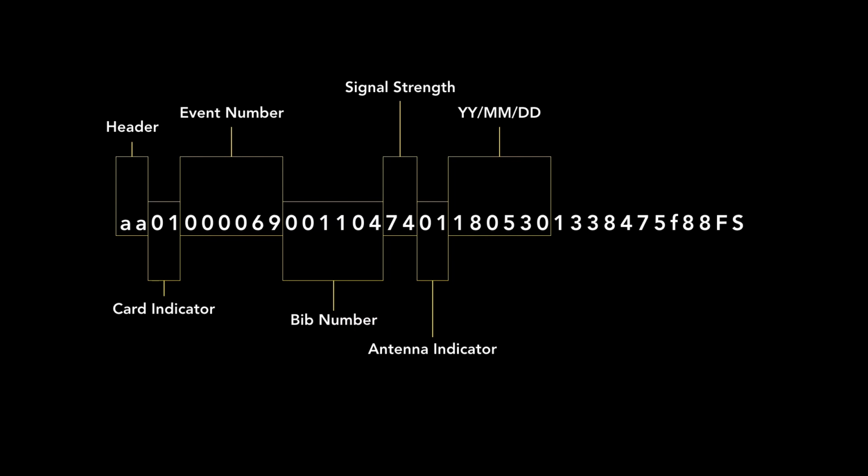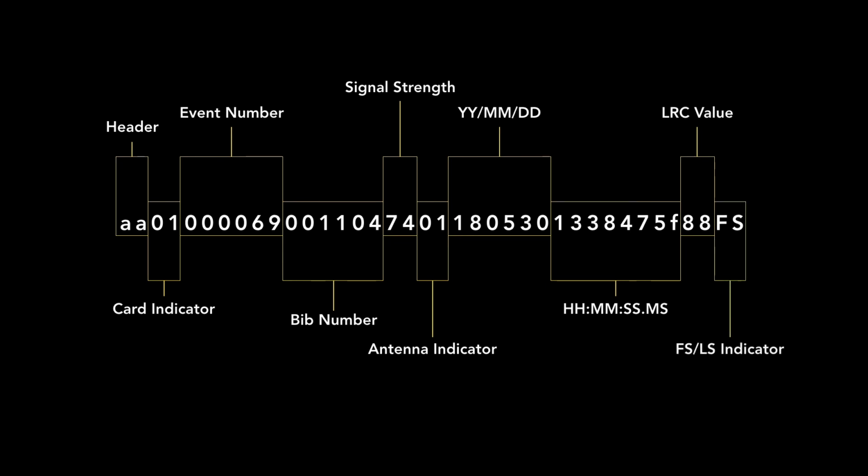Then there is the time stamp, which is hour, minutes, seconds, and milliseconds. And typically the milliseconds is a hex value that needs to be converted to a decimal value times 10 milliseconds. Then there is an LRC value, and at the end of the string there is an LS or an FS notation. That would tell you if this is a first seen or a last seen event.